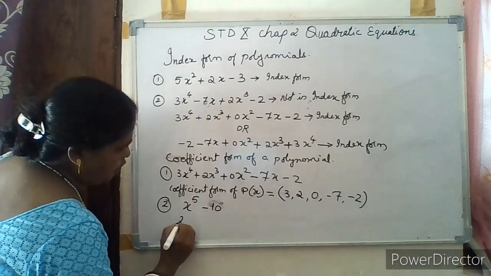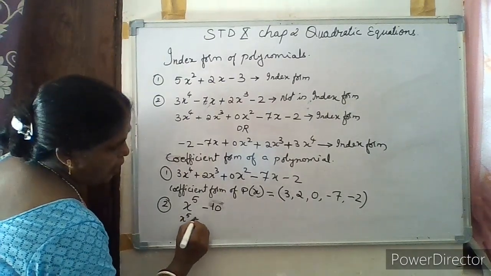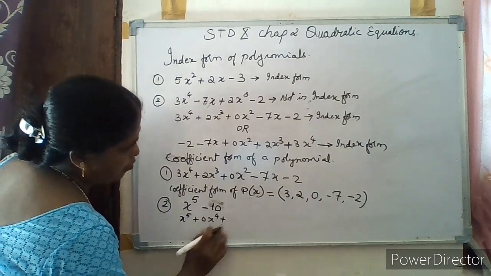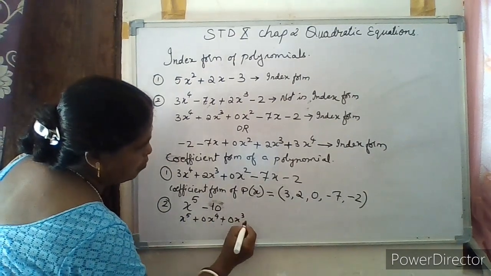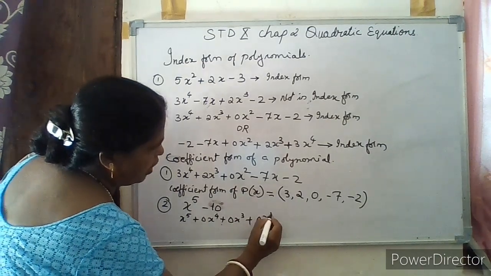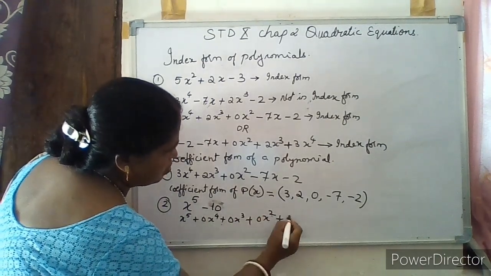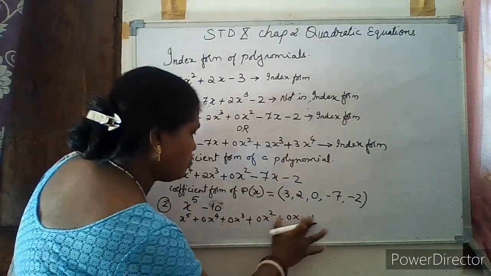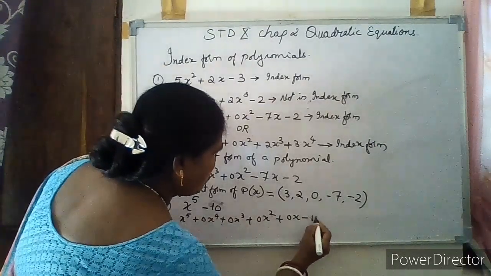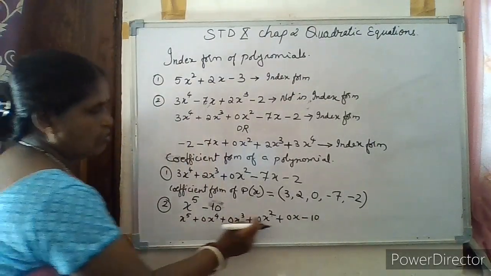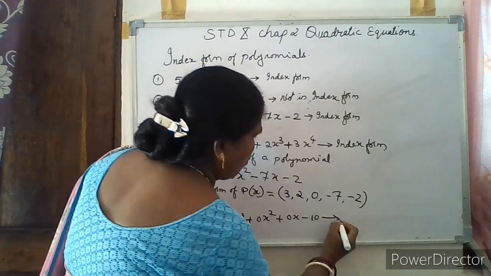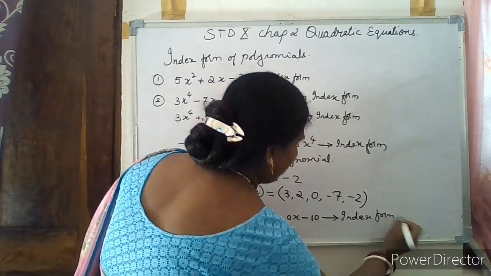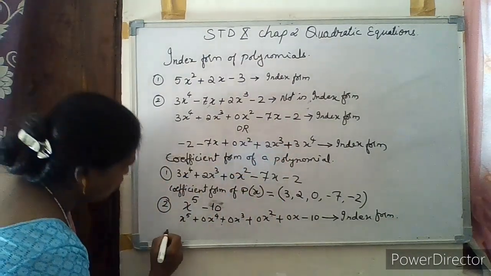The index form will be x raised to 5 plus 0x raised to 4 plus 0x cube plus 0x squared plus 0x plus 0, minus 10, because the constant term is minus 10. So this is the index form of the polynomial.